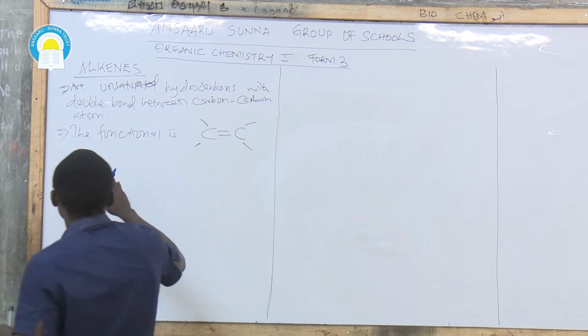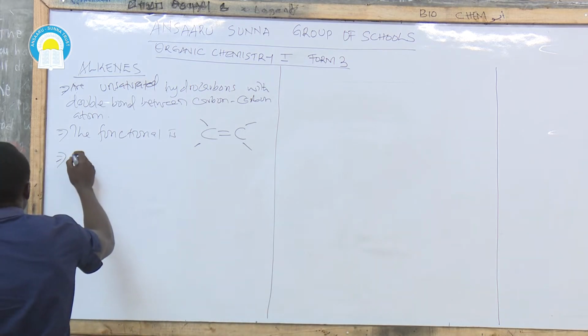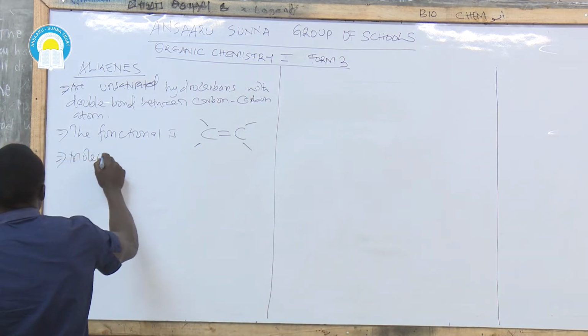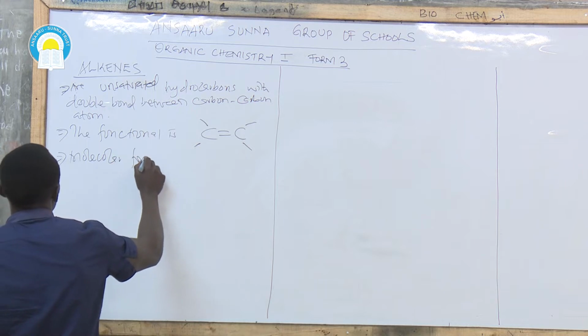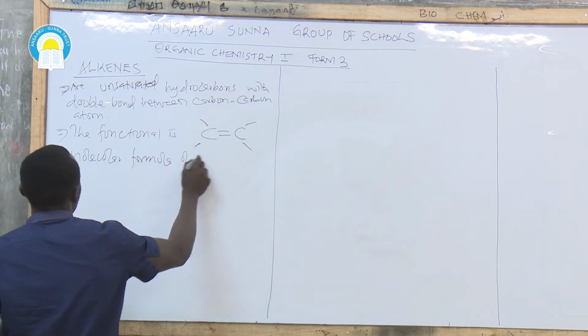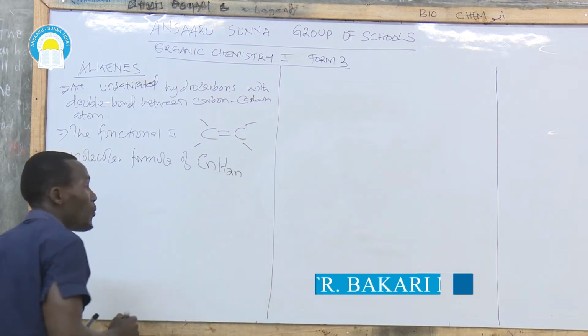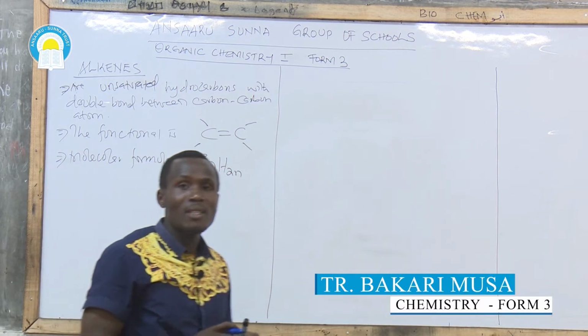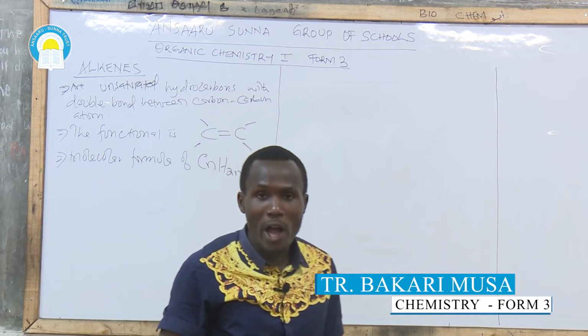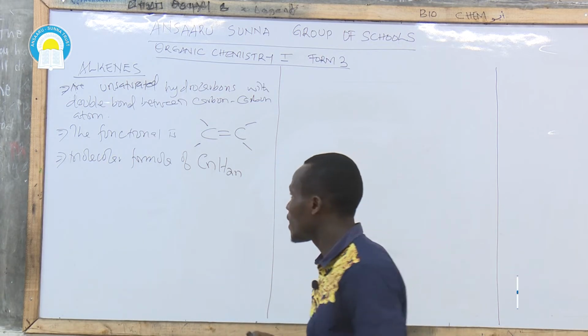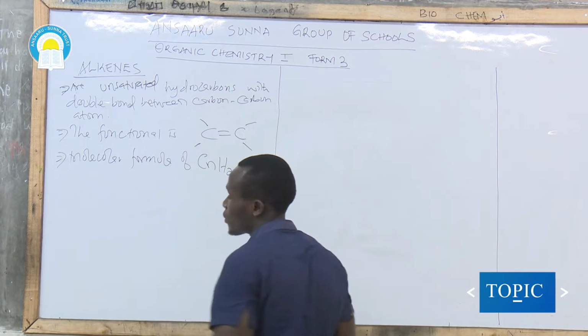They have a general molecular formula of CnH2n, where n represents the number of carbon atoms.